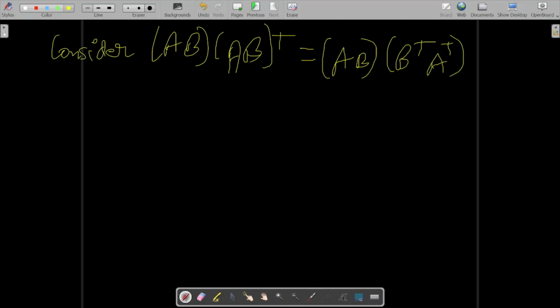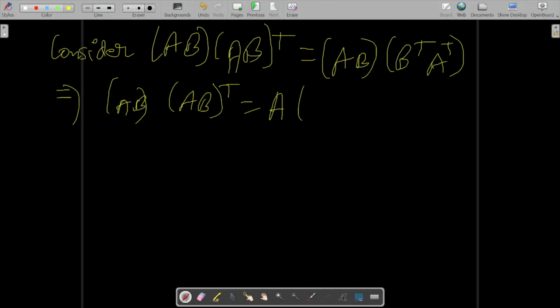Okay, then what will happen? AB transpose is equal to, so we will just rearrange the terms, bring these two terms near to one another. And A transpose will remain as it is.